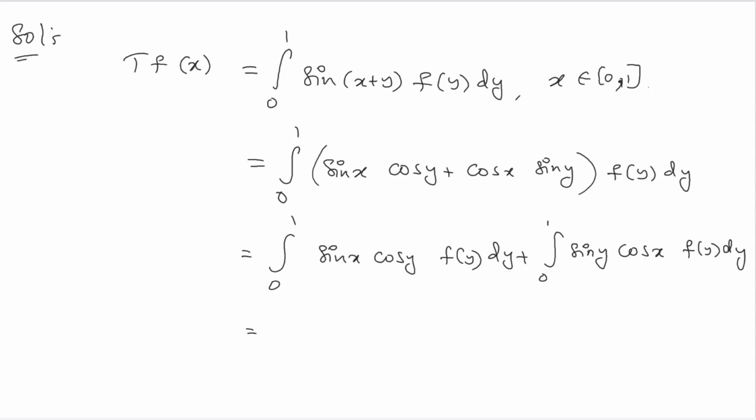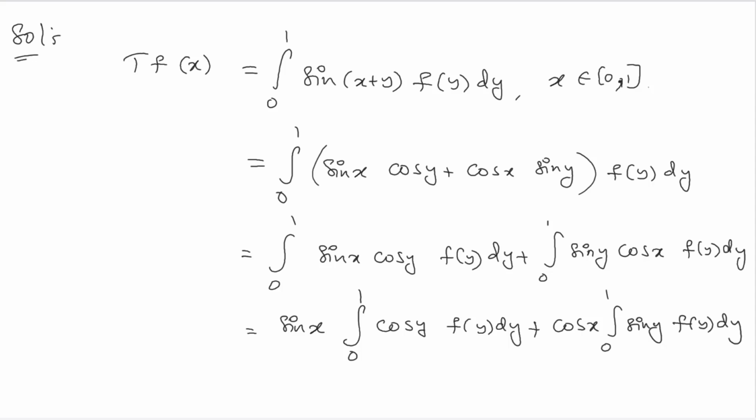Since the integration is with respect to y, we can take the terms involving x outside, that is sin x times integration 0 to 1 cos y f(y) dy, plus cos x times integration 0 to 1 sin y f(y) dy.